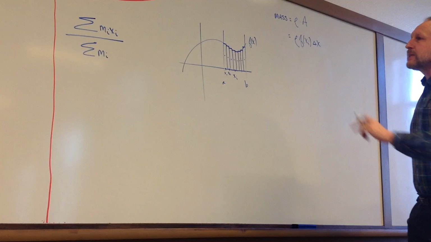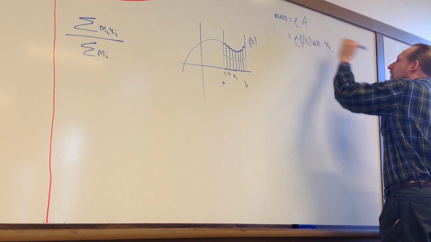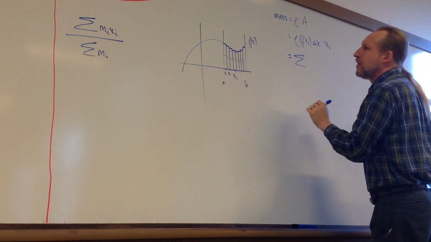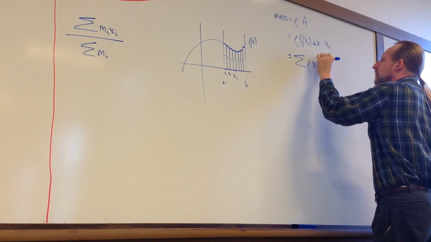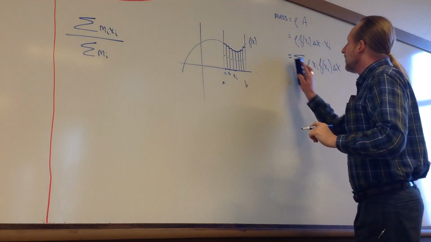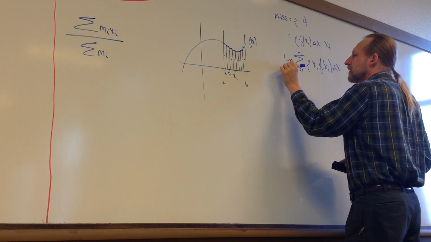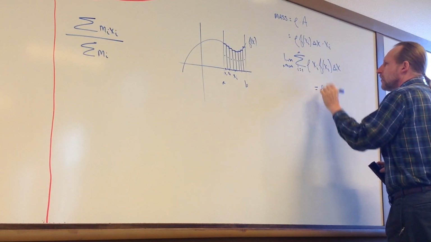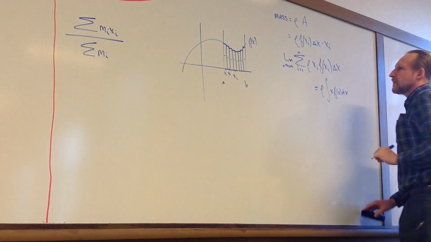Okay. So then if we take that times the position, x sub i, what we come out of this with is the sum of all these, rho x sub i f of x sub i delta x, and then we'll sum these up from 1 to n, take the limit as n goes to infinity, and so this is going to be rho times the integral of x times f of x dx.